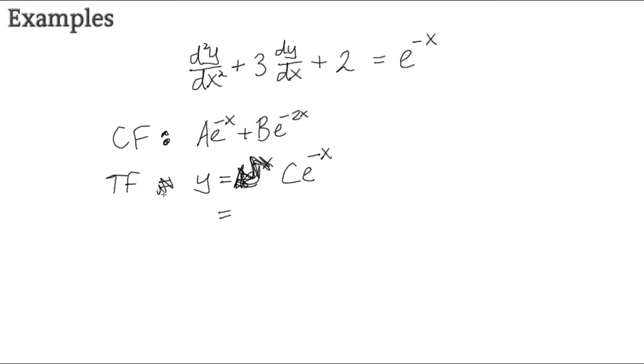Again, for a trial function, use the format of the right hand side of the equation, and so dy by dx is minus c e to the minus x, and d2y by dx squared is c e to the minus x.